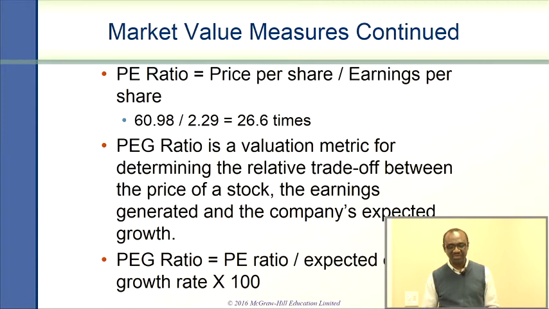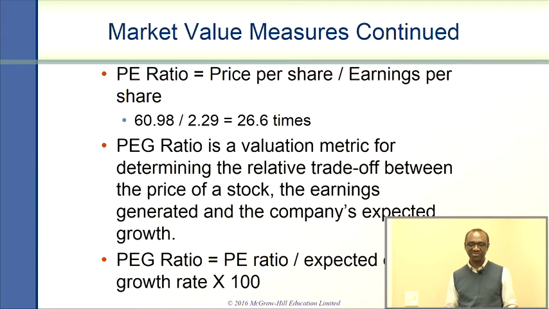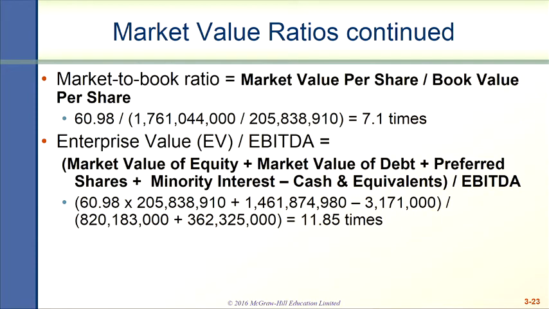Another one that we also calculated is the PEG ratio, which is a metric for determining the relative trade-off between the price of a stock, the earnings generated, and also the company's expected growth. In this case, we have the PE ratio divided by the expected earnings growth rate times 100, and that gives us the PEG ratio. Other ones under the market value will be the market to book ratio, which is the market value per share divided by the book value per share.